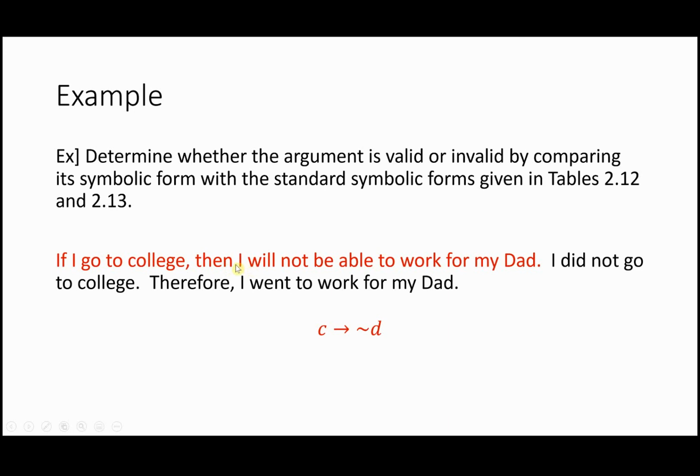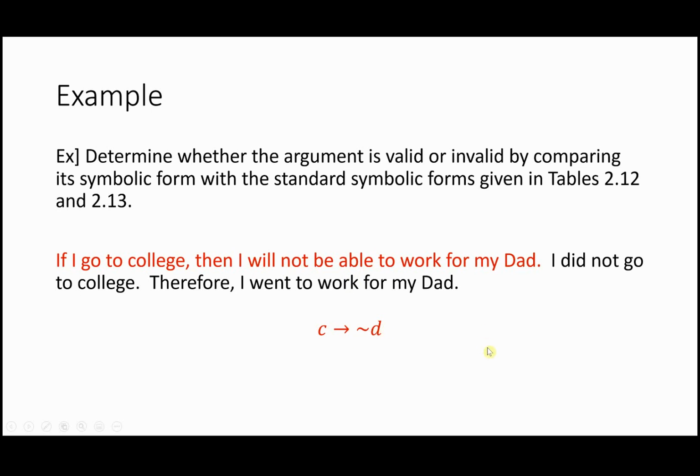The consequent is I will not be able to work for my dad, recognizing that the negation connective of not is in play. I'm going to have a tilde in there, and I'm going to say D for dad is going to represent the consequent original component. The original component D alone would read as I will be able to work for my dad, but since there's this not word, we need the tilde.